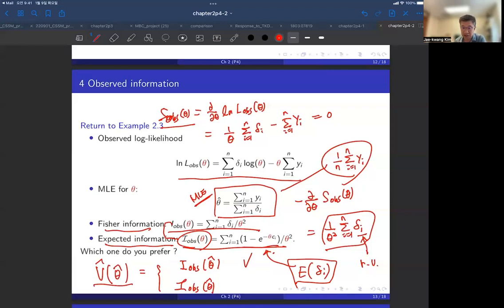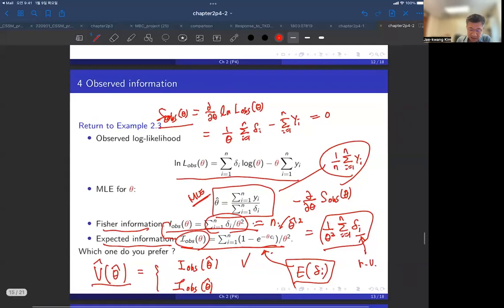You take the average. While for this one, in this case, your Fisher information will be just n divided by theta hat squared, because all delta are equal to 1. So in this case, it recognizes that there's no censoring in the data.